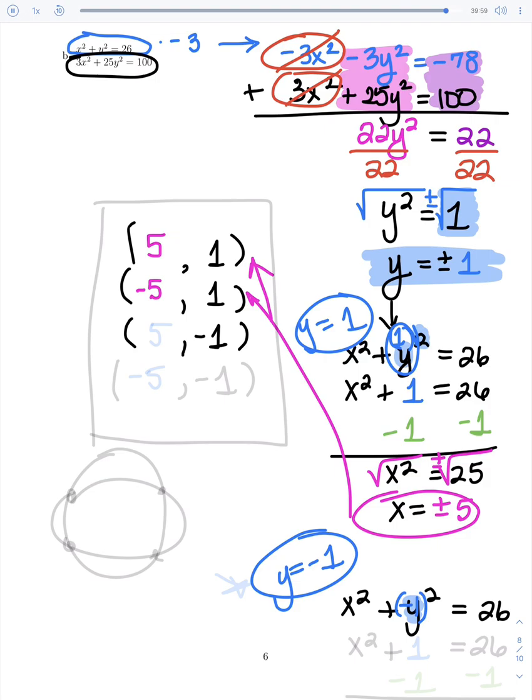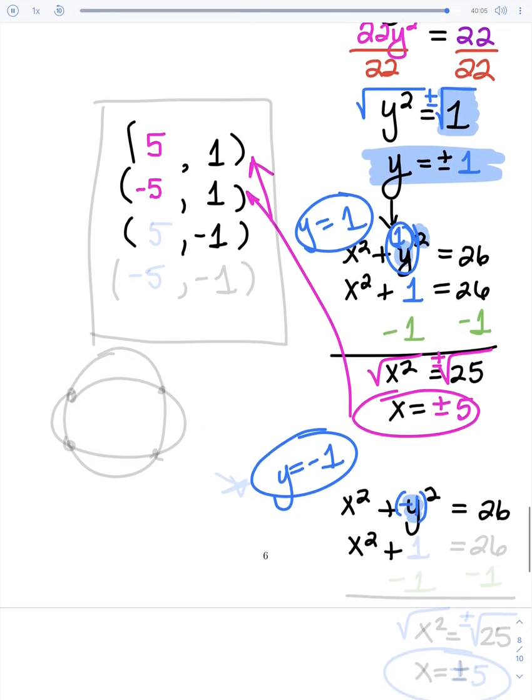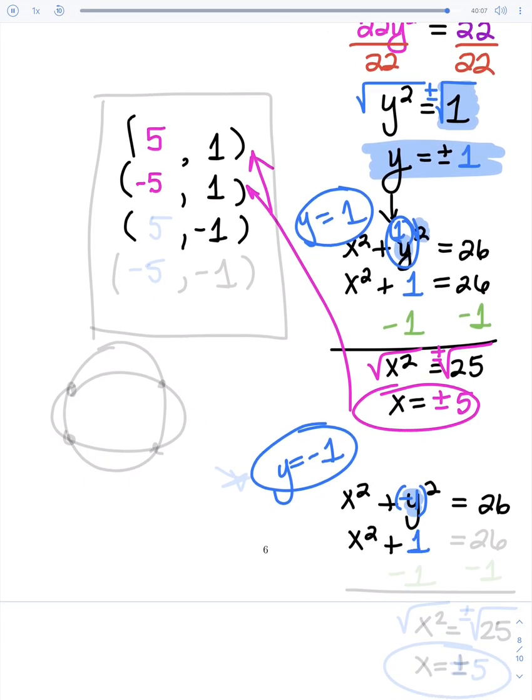Remember, the -1 is then going to get squared. What happens when you square a negative? It turns into a positive, so it'll still be a +1 that comes out, equals 26. You'll start off the same way and subtract 1 from both sides.